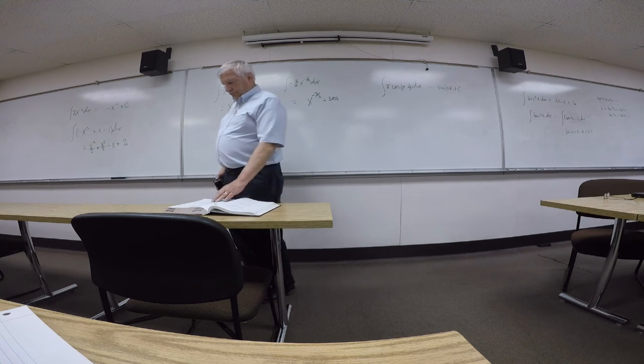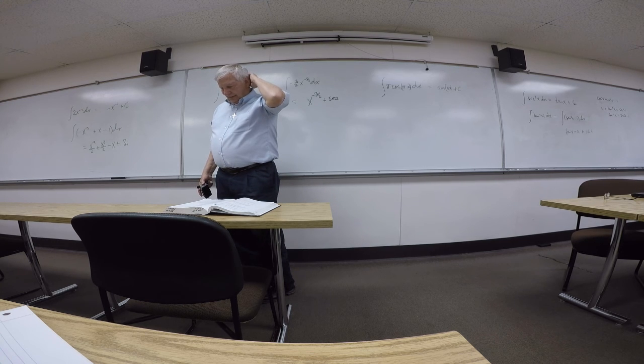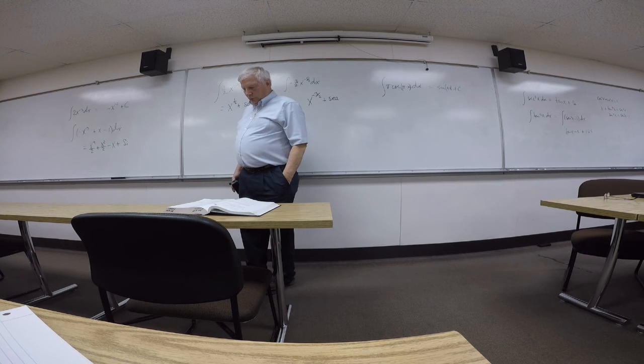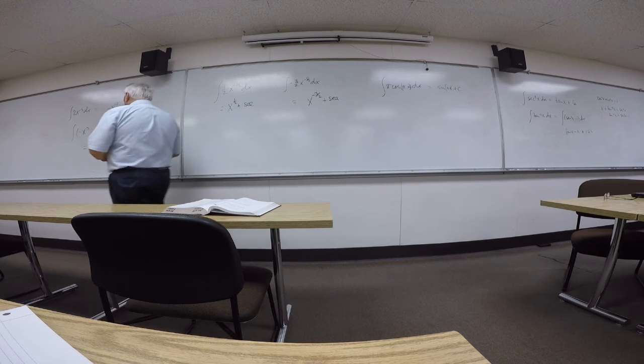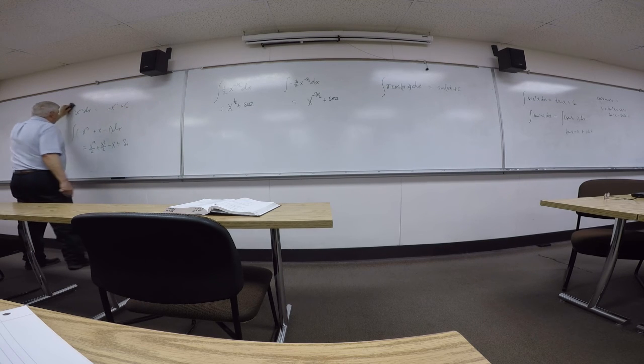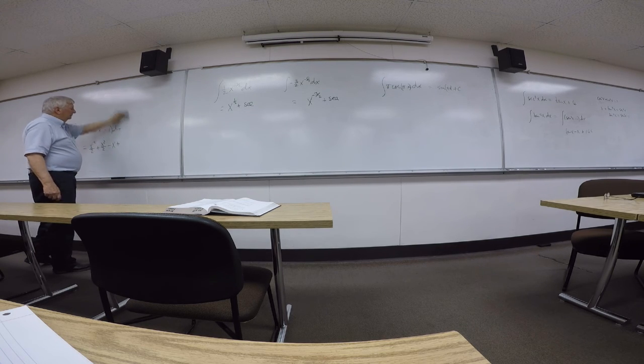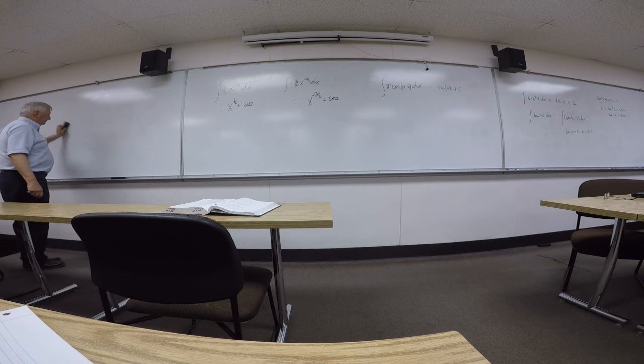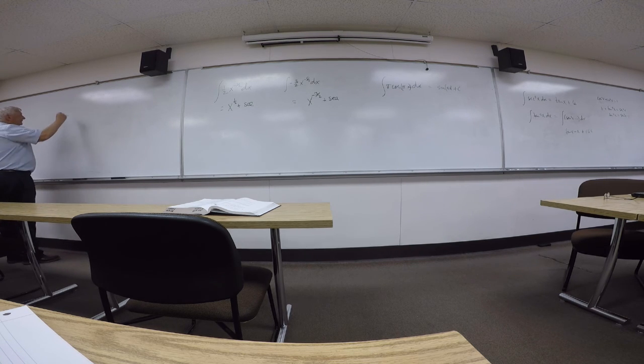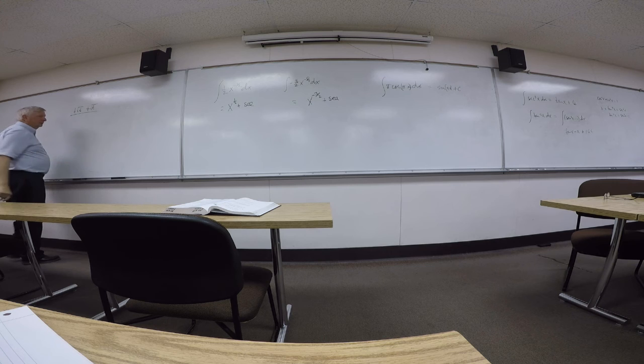So, let's see if I can find one that I want to look at. Oh, number 41. The integral of t root t plus root t, all over t squared, dt.